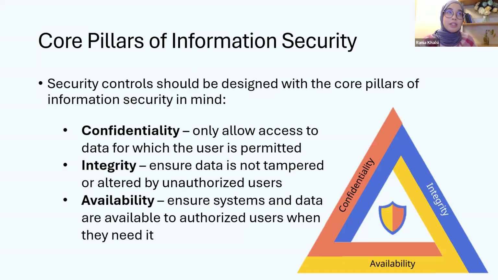The third pillar, which is also important, is the availability of the system. Availability ensures that systems and also data are accessible to authorized users when they need them. Suppose a system is secure and we are very happy it exists, but the system is not available.